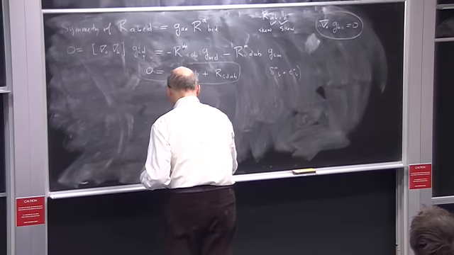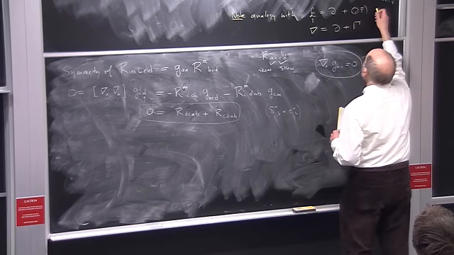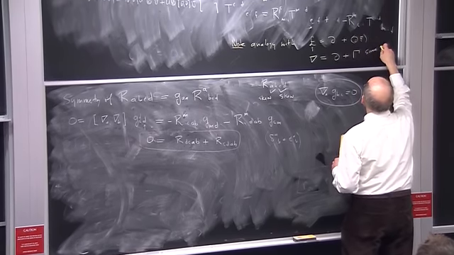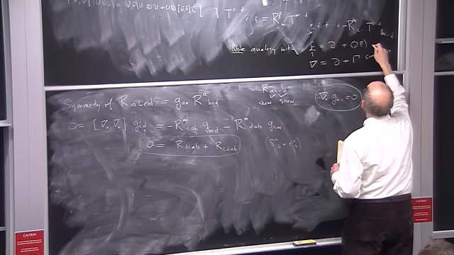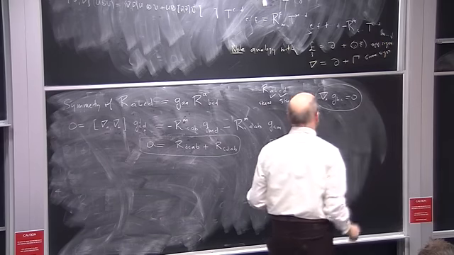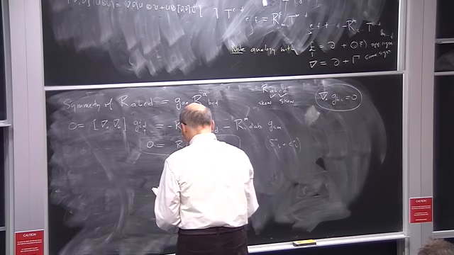Oh, and in fact, with the conventions we've chosen, this had the same sign, and this had the opposite sign. Unfortunately, the Lie derivative has the opposite sign with the usual conventions.